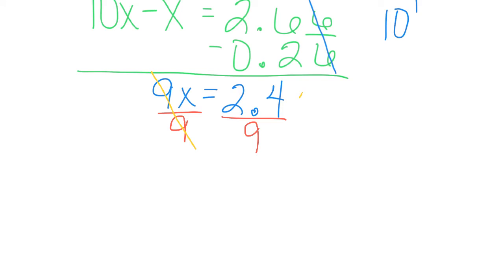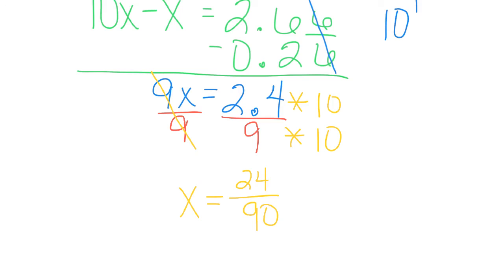We're going to multiply the top and the bottom by 10. This is going to move the decimal over one place to the right. So we have x is equal to 24 over 90. And that is our fraction.